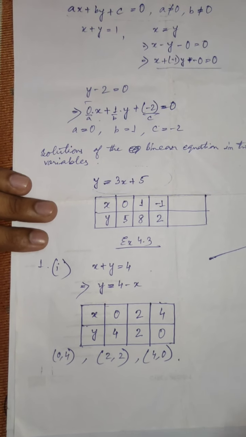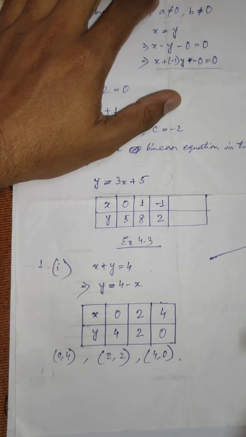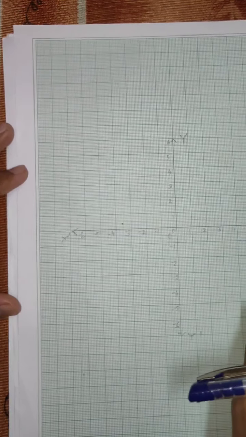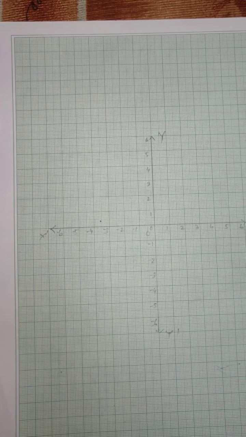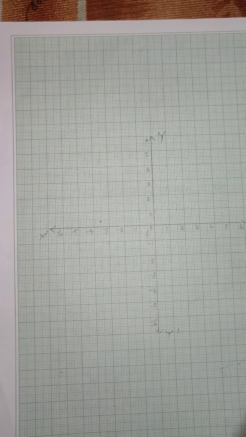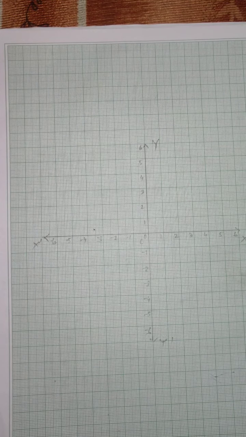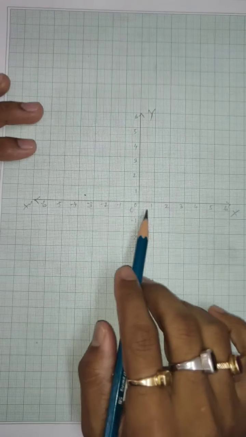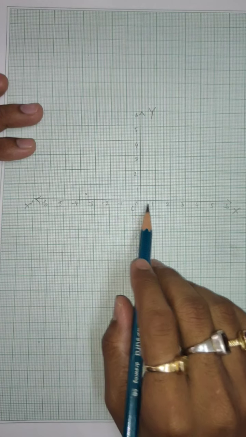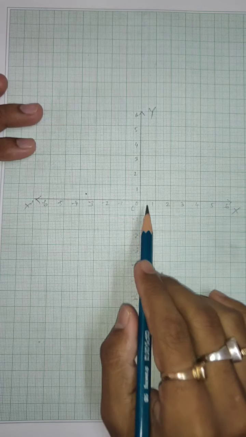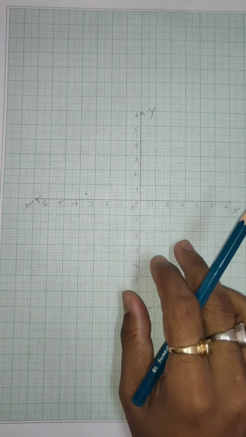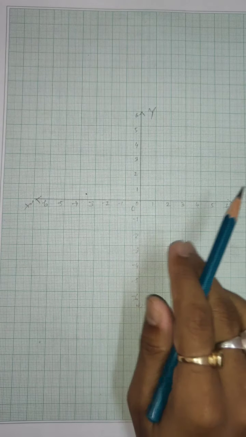Now these we shall plot in the graph sheet or Cartesian plane. See, already I have made the Cartesian plane by giving the measurements. The small squares are the measurements, and from 0 to 1 there are 10 small squares.